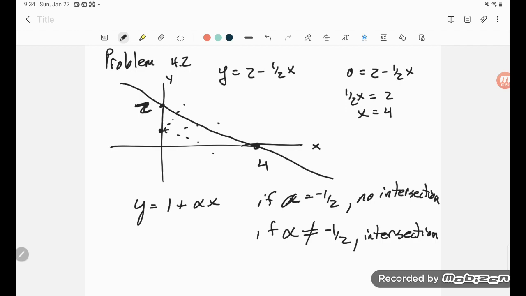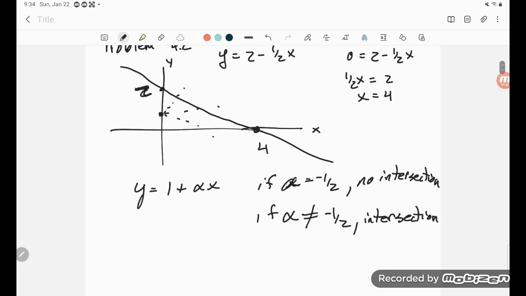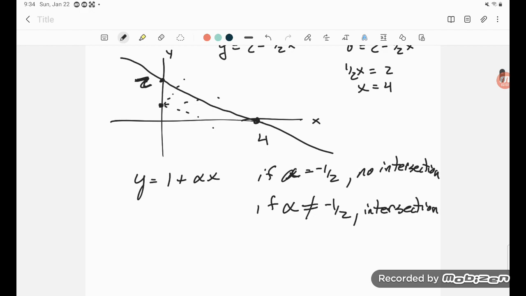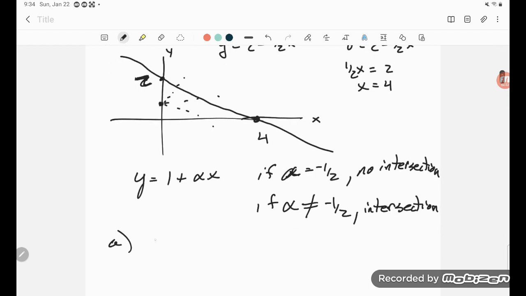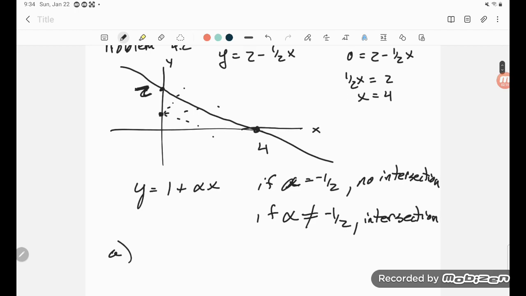And so, they're saying, well, find in A, they'd like us to find the formula for that intersection. Well, to find an intersection, I would just set the two y values equal together, because the point has to be shared, so I would solve this equation.